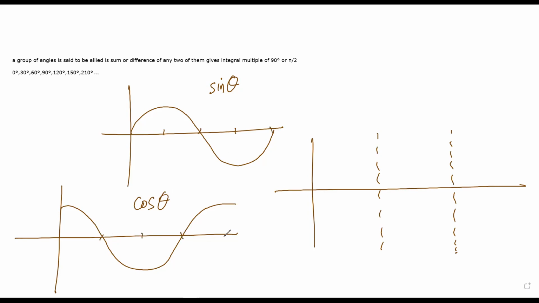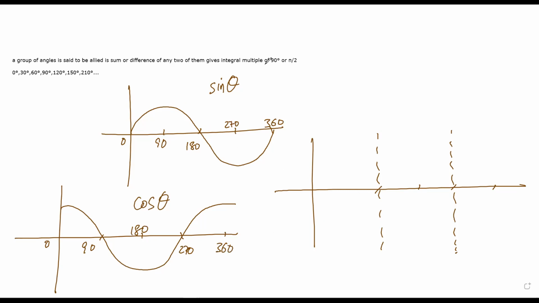I will share the lecture where I have discussed this in detail, but right now just assume that whatever I am saying is correct. This is 0, this is 90, this is 180, this is 270, this is 360. This is 0, this is 90, this is 180, this is 270, this is 360.